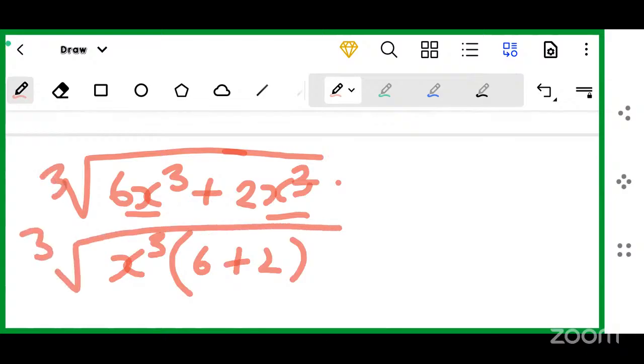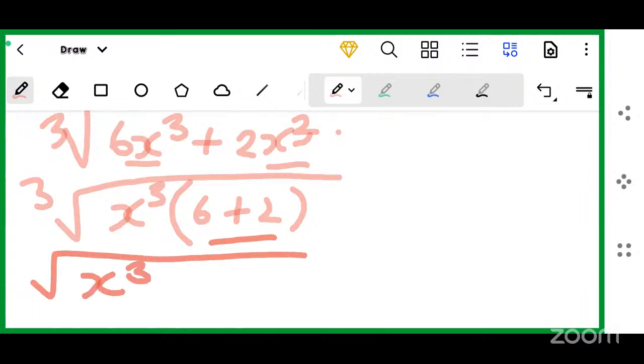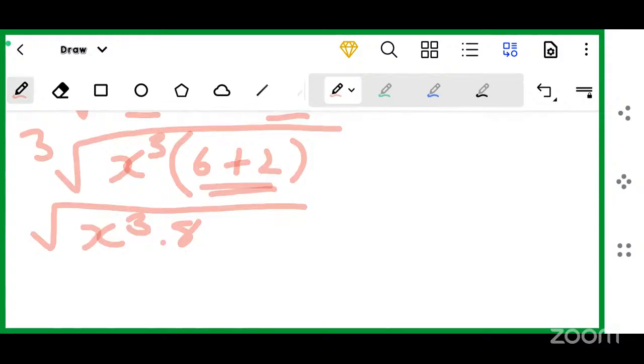So what you're going to do is work out the 6 plus 2, so you write the cube root of x to the power of 3 times this. This plus this is going to be 8. And then you say x multiplied by 8, which gives you 8x to the power of 3, that is under a cube root.